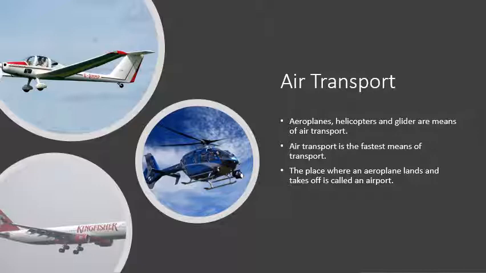And one more fact: a passport is required when you are travelling out of the country. If we are going from one country to another country, then we require a passport. With the help of that passport only, we can reach another country. So this is the video.